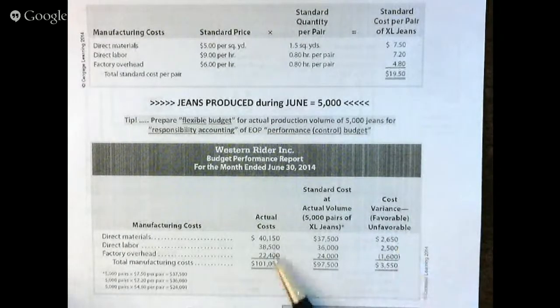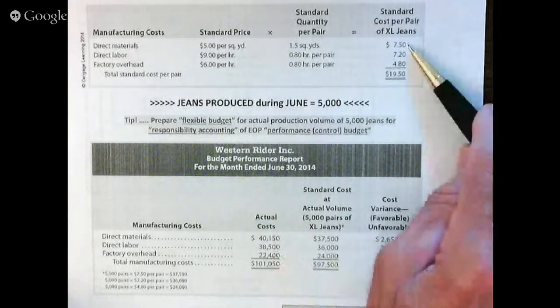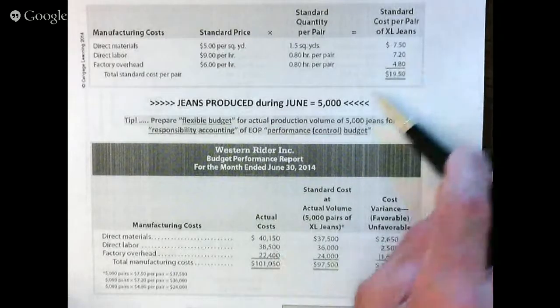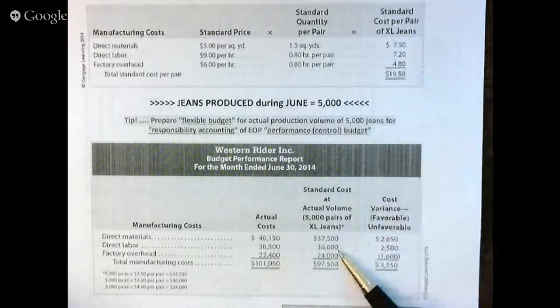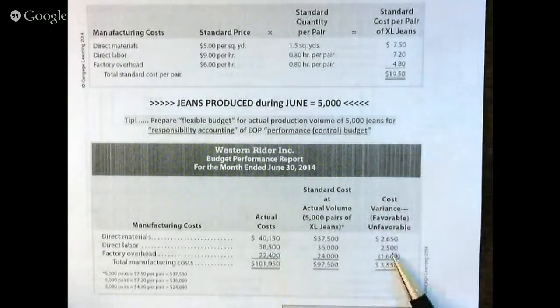For labor, the company actually incurred $38,500 to make 5,000 jeans, and the labor cost per jean, $7.20 times 5,000, is $36,000 as the standard. Again, the company is over its budget to make 5,000 jeans, and so we would record a $2,500 unfavorable variance for labor as well.